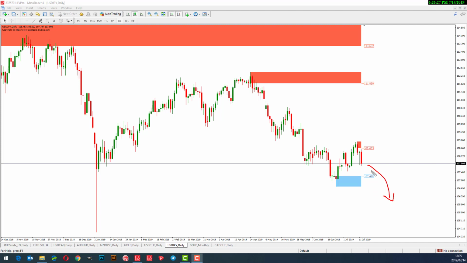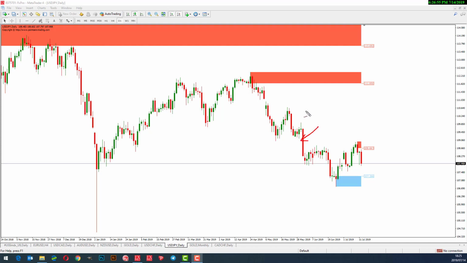So now the market has got the potential to retest the 108 short-term supply zone. Remember, in a strong bearish market, new levels of supply are created.